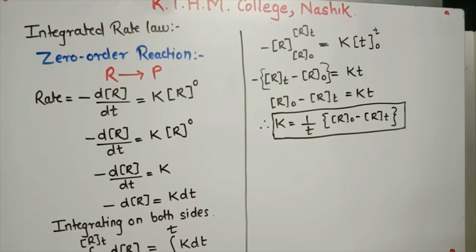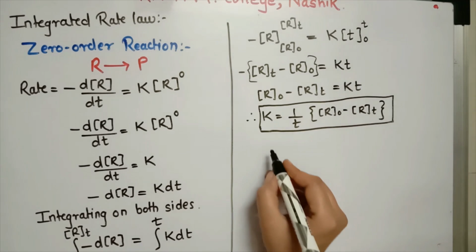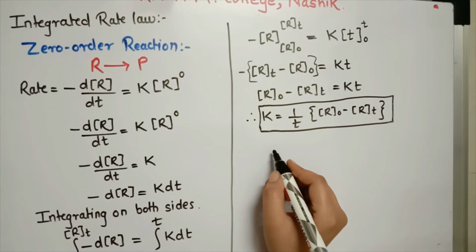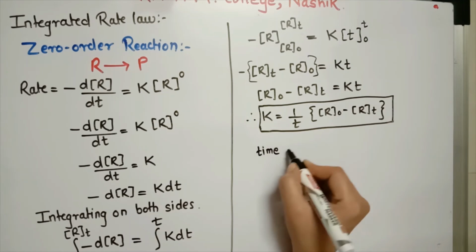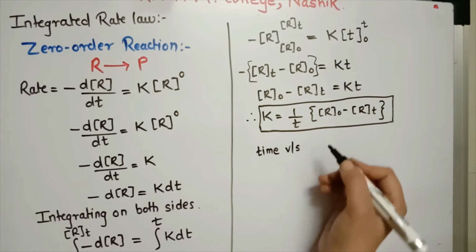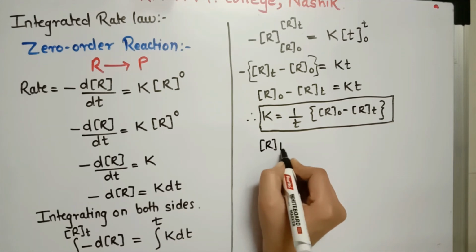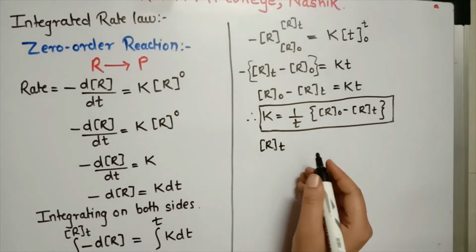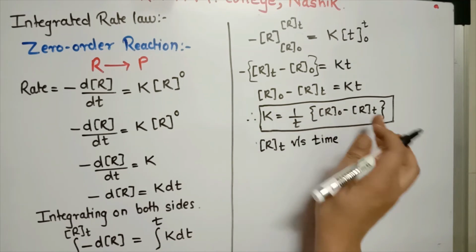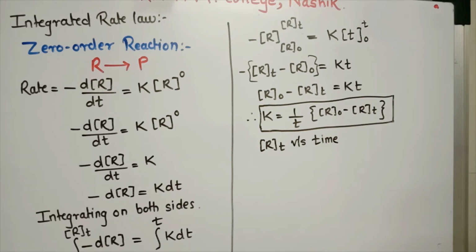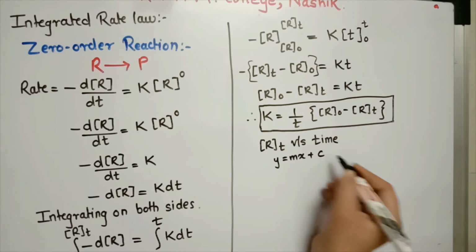So now we will study some graphs for this. The graph of concentration of reactant at time t versus time. Now we will rearrange this equation in the form of y is equal to mx plus c.